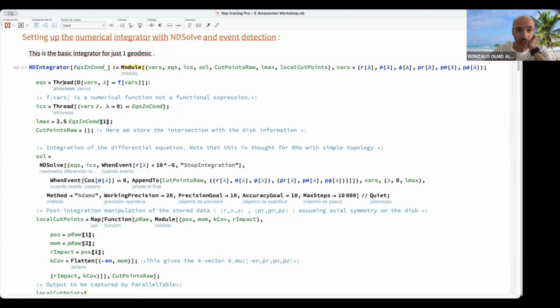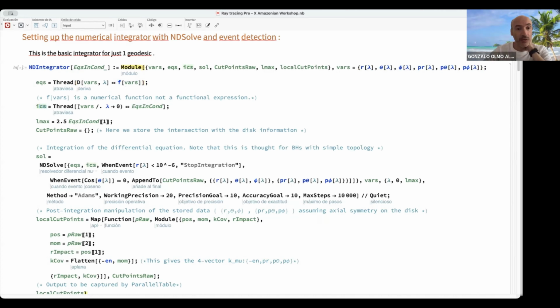So the equations are simply the derivatives of the variables, the positions and the momenta, and those derivatives are equal to the numerical values of the functional expressions for these quantities in the chosen background metric.